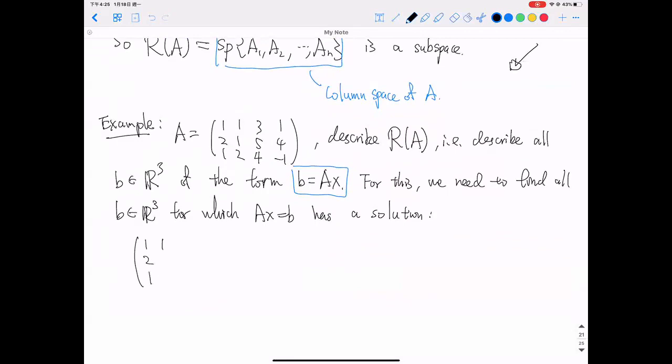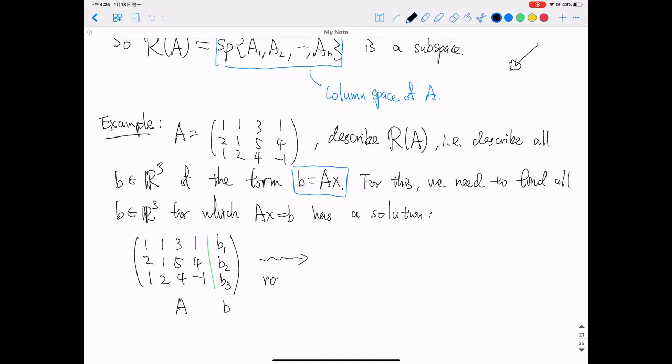Because now this is an old problem. We have a system Ax equals b, and we're trying to solve it. We can certainly decide if it has a solution or not by running the row operations. So again, let's form the augmented matrix, and let's take some time.